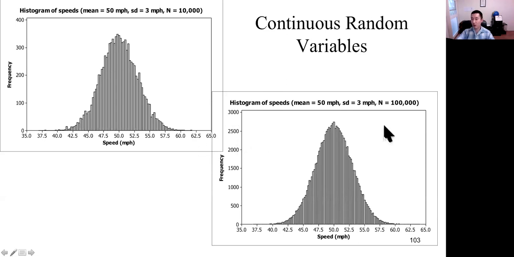And this one we have 100,000 samples. So what we can notice is when we further increase the sample size n, the tops of the rectangles become smoother. So the histogram will become like a curve.